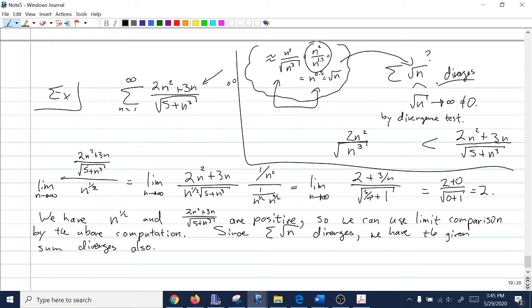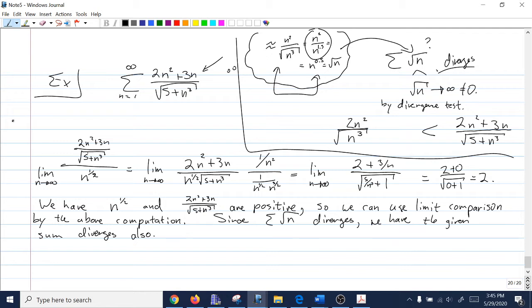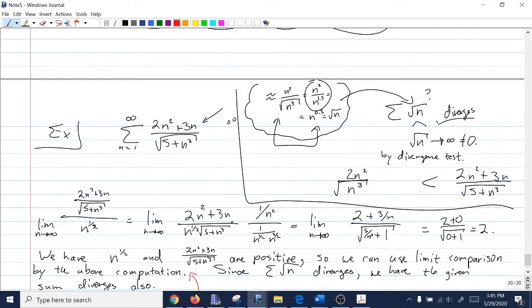If the limit was 0, then the top would be smaller than the bottom, and we wouldn't learn anything. So you have to say, we can use the limit comparison test by the above computation. Like, add in something like since the limit is 2 and 2 is greater than 0. I think you don't really need to add that part.